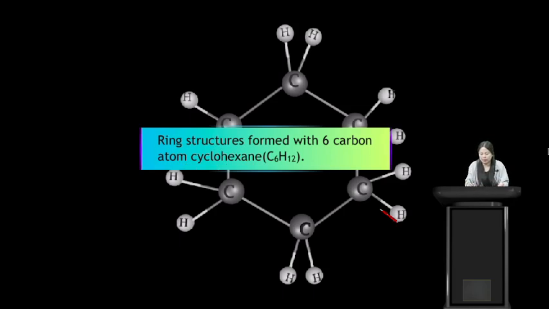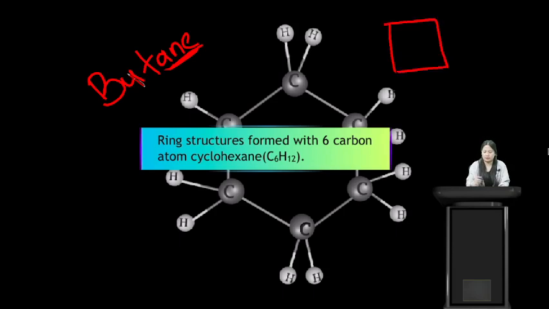Similarly, taking the example of C4, butane. Butane is a carbon compound having 4 carbon atoms, and alkane has only single bonds. So butane will have a structure like this.